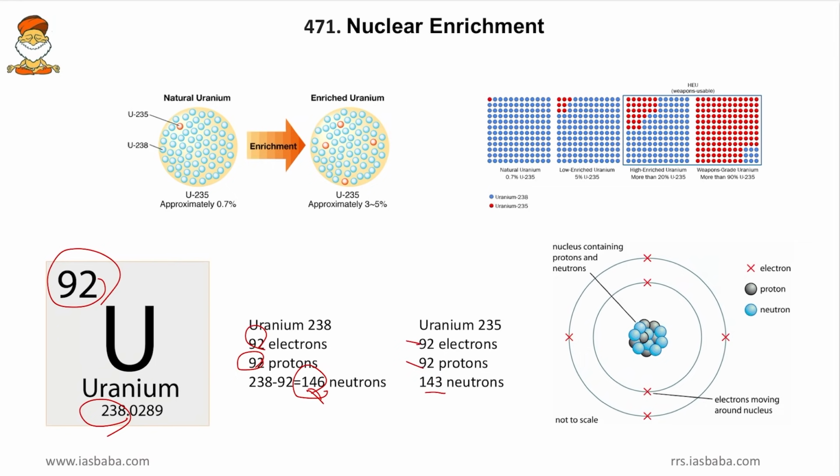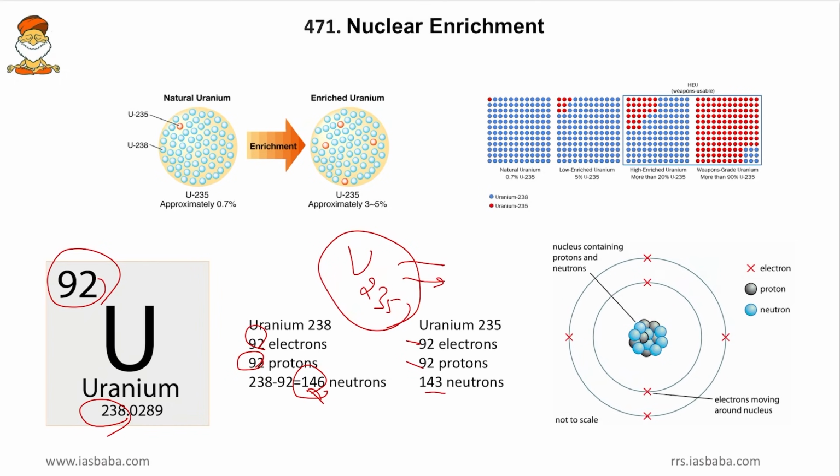However, these 143 neutrons are not so stable, and uranium 235 tries to attain stability by giving out as many protons and neutrons as possible and getting back to a lower radioactive or lower stable element. For example, uranium 235 will continuously emit radioactive emissions and get back to thorium or plutonium, which are lower radioactive elements. So this is how radioactivity works.